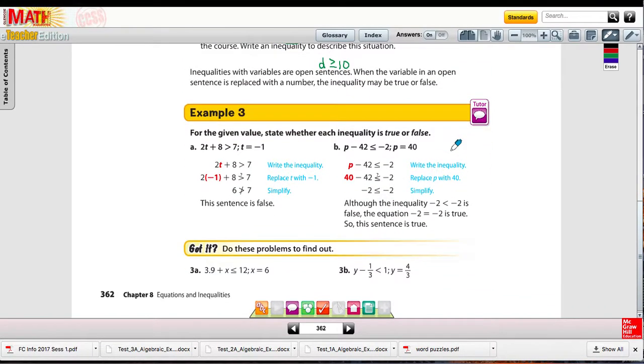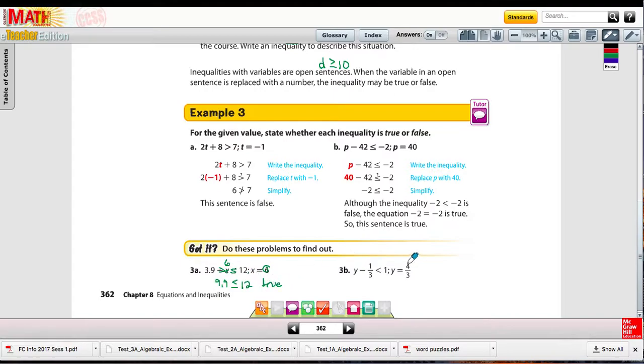Scrolling down to example 3, it's wanting us to take the value of the variable and plug it in and see whether or not that makes the inequality true. For the one at the bottom, x is equal to 6, so let's put that into the inequality. Does 3.9 plus 6 yield a result that's less than or equal to 12? 3.9 plus 6 is 9.9, and 9.9 is less than or equal to 12, so that is true.